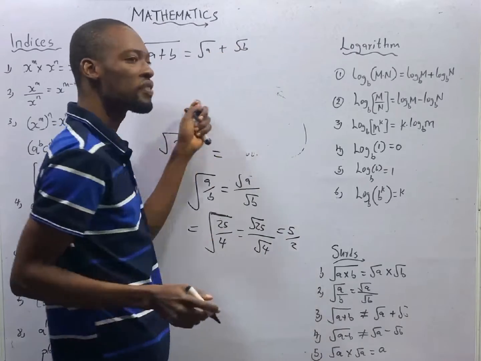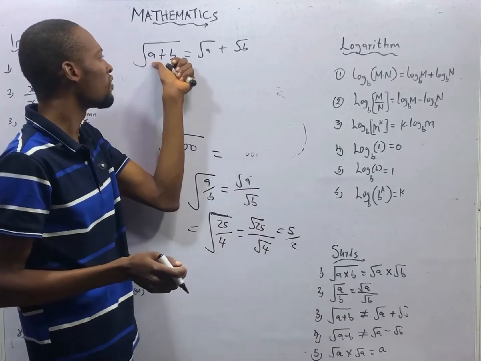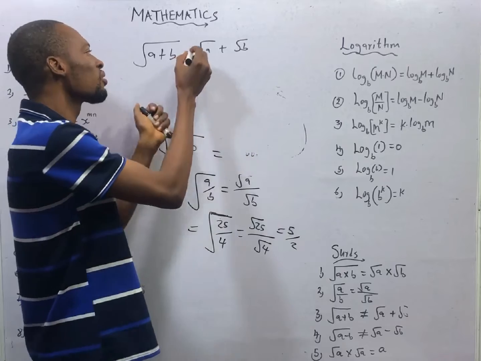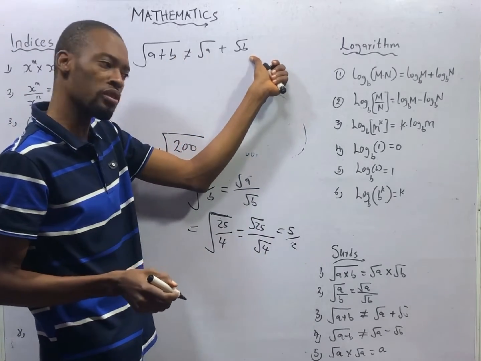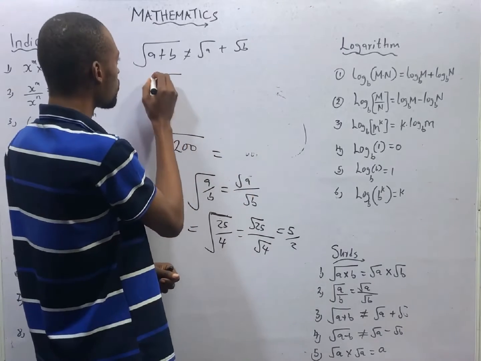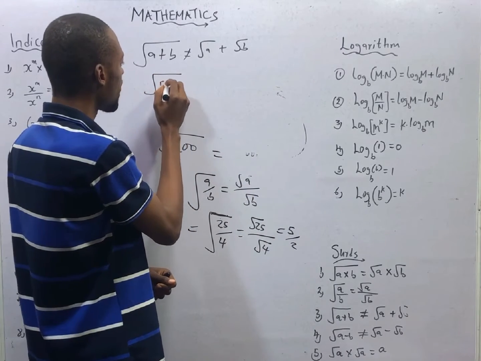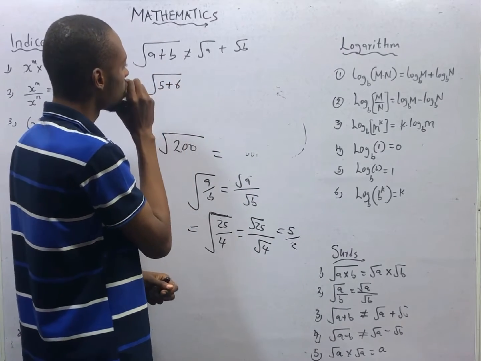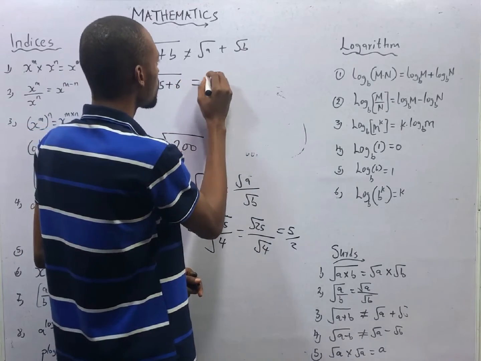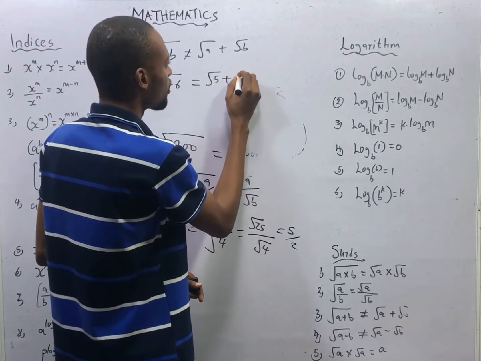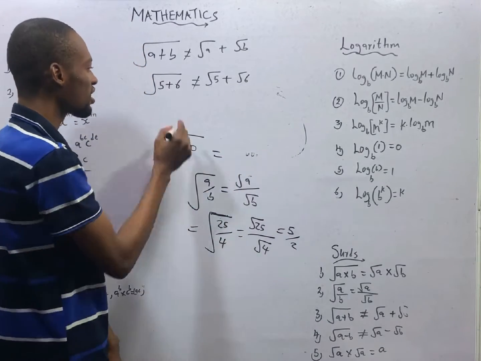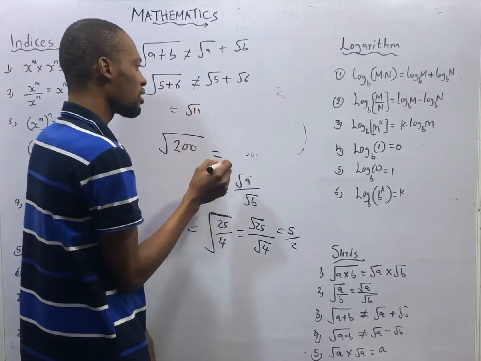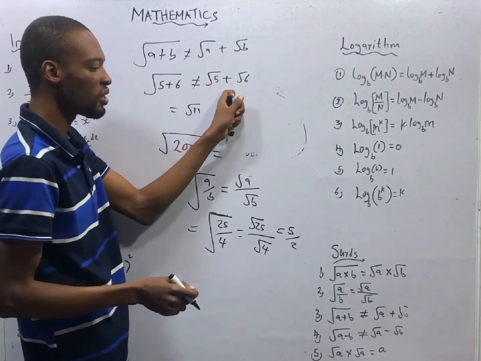But if it is addition, the square root of a plus b is not equal to the square root of a plus the square root of b. So if I give you the square root of 5 plus 6, this is not the square root of 5 plus the square root of 6. That is not the case. You can actually say the square root of 11, correct, but don't break it down this way.